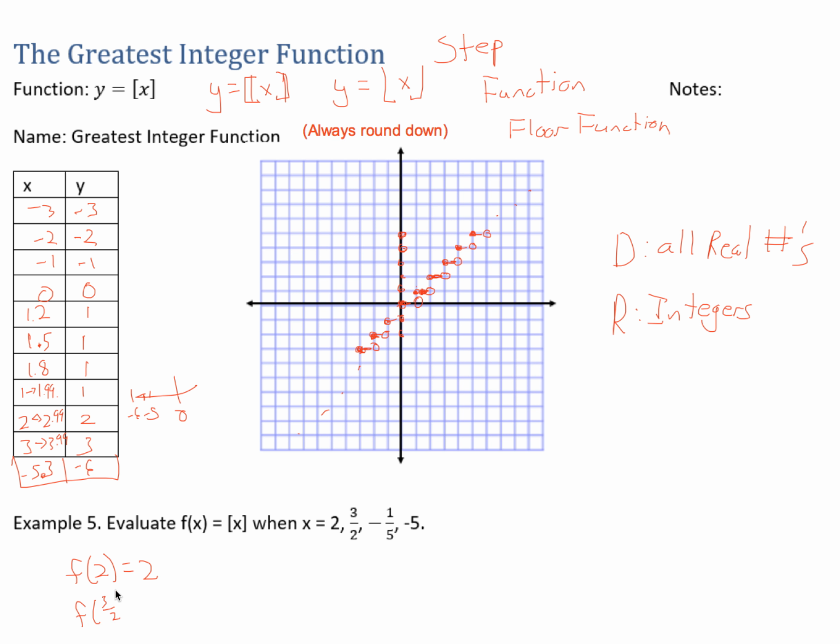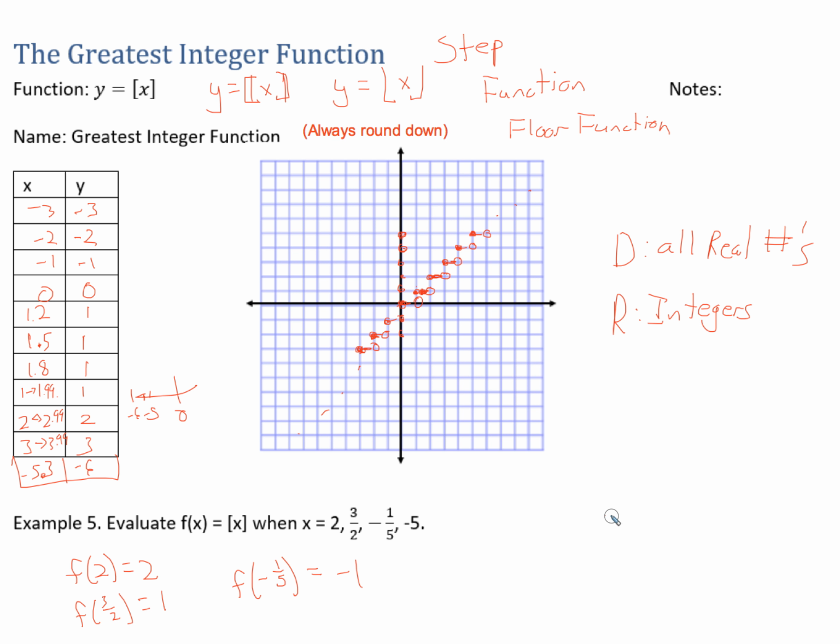Well, 3 halves, let's think of as a mixed number, it's 1.5, so 1.5 would go down to 1. F of negative 1/5, and we're in the negative, so we have to be careful. Negative 1/5, that needs to round down, so it would be negative 1.